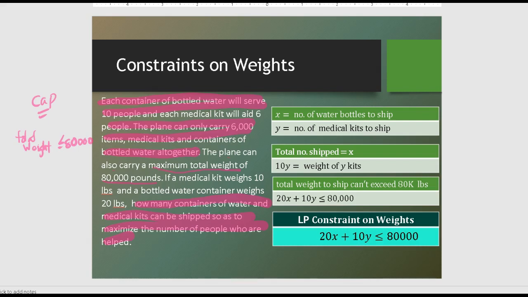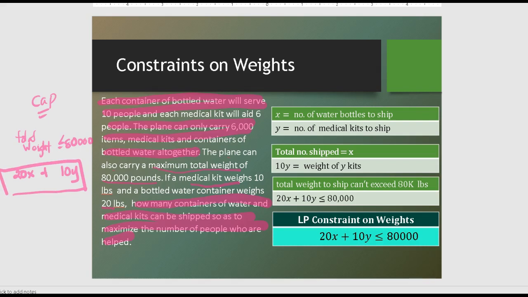Now the weight will come from the weight of the medical kits and the weight of the bottled water containers. There are Y medical kits, 10 pounds each, so the total weight would be 10Y. And there are X containers of bottled water, each one weighing 20 pounds. So that's 20 pounds times X. So this would be the total weight, and this cannot exceed 80,000.